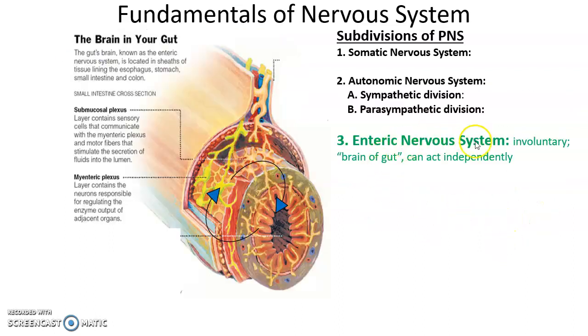And then the final division of the peripheral nervous system is the enteric nervous system. This is another set of nerves that are associated, in this case, exclusively with the gastrointestinal tract, with the stomach, the intestines. It's thought of as the brain of the gut, and it actually can act independently of the brain, so it can act on its own.